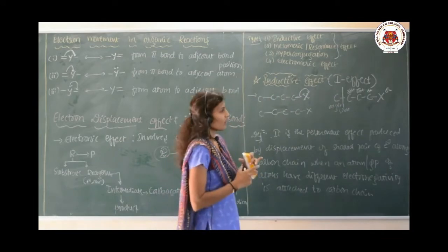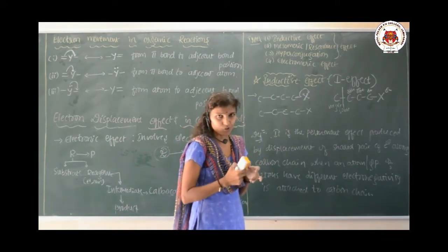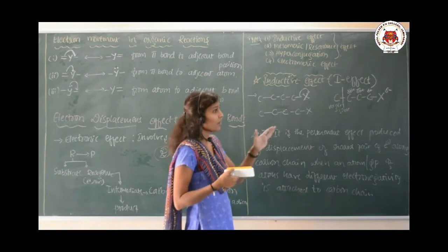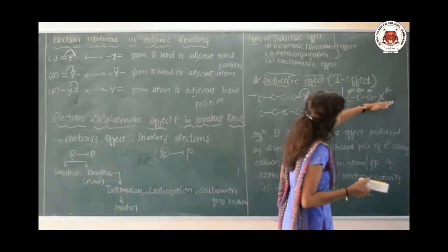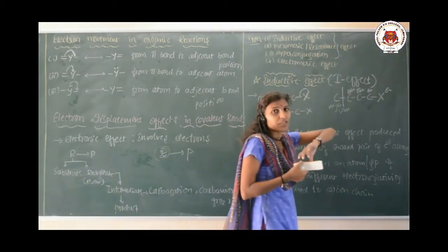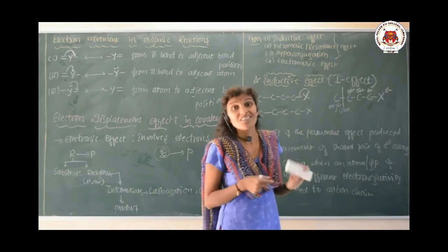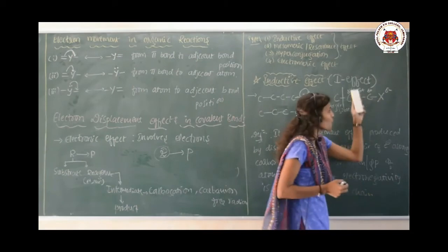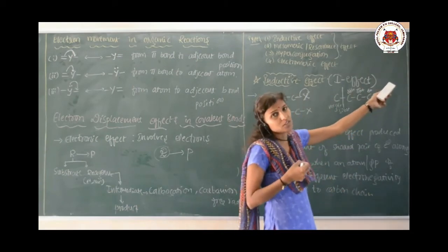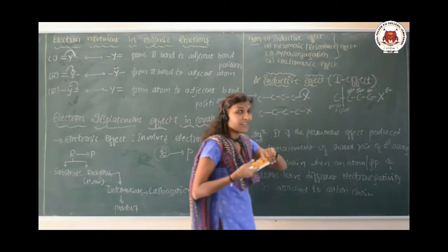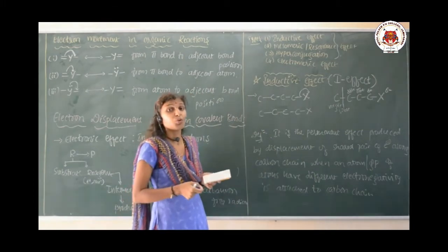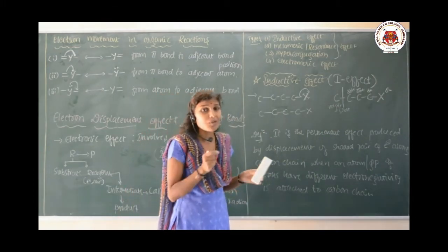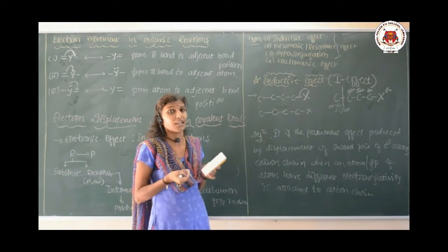See here, when this atom is more electronegative as compared with the carbon, it means there is an electronegativity difference. So it has the capacity to drag the electrons towards itself, which means it develops a negative charge, not a complete negative charge but a partial negative charge.